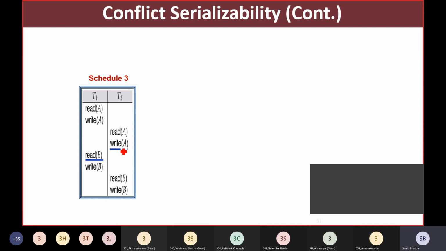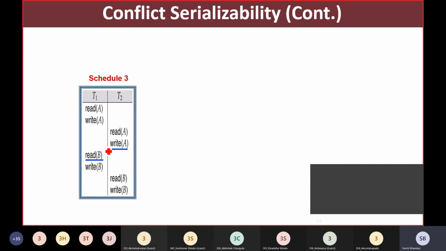See here, this instruction belongs to transaction T2, and the next instruction belongs to transaction T1. So these two are consecutive instructions. But these consecutive instructions are not accessing the same data element.